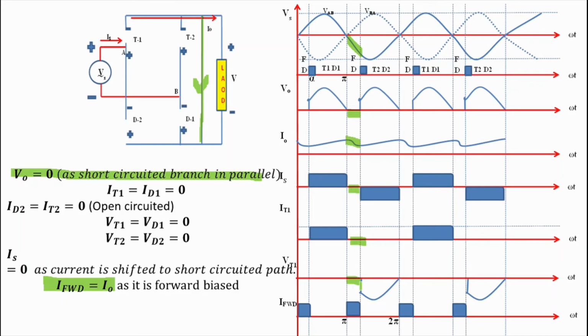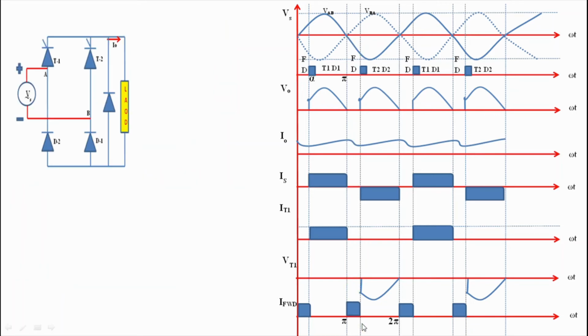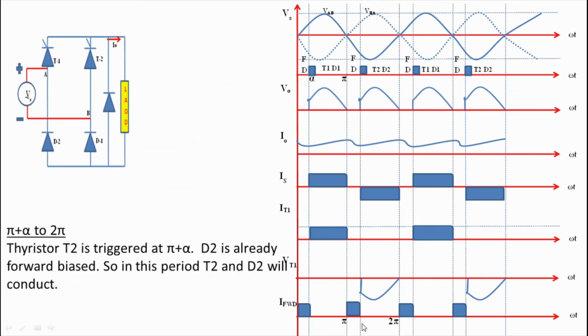Now from pi plus alpha to 2 pi, see the circuit operation. Thyristor T2 is triggered at omega t equals pi plus alpha and D2 is already forward biased. So both start conducting and act as short circuit. So Vt2 equals Vd2 and that is equal to 0.